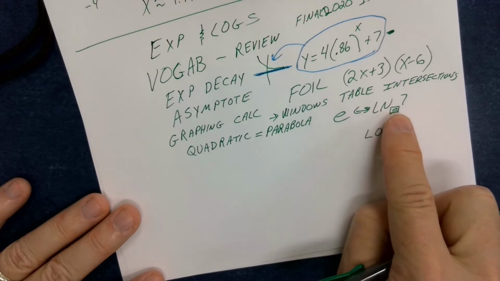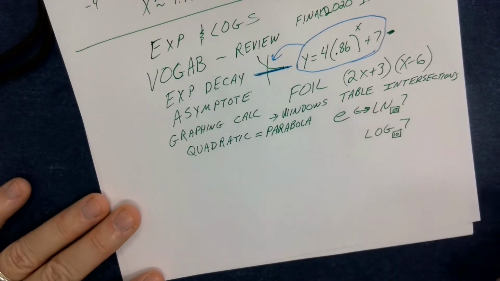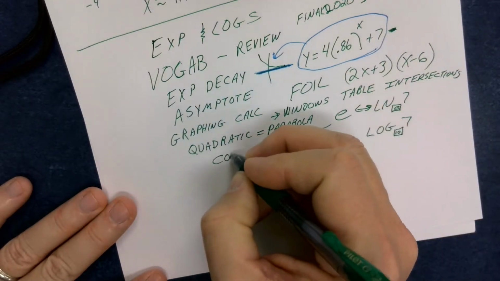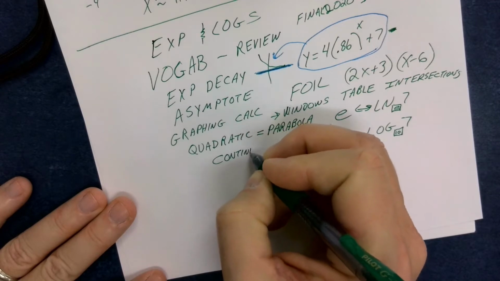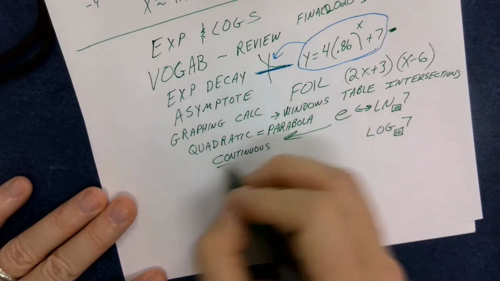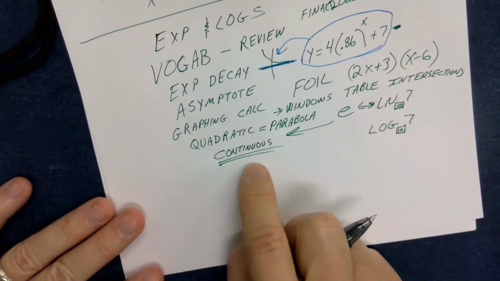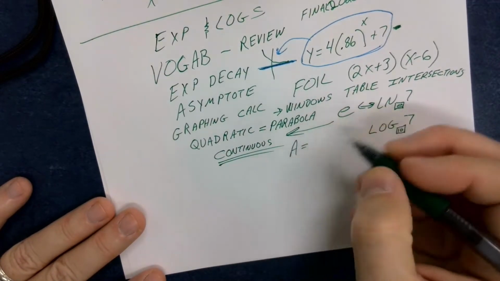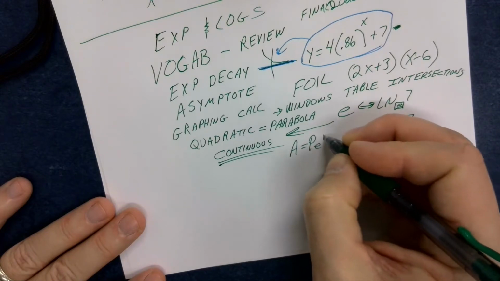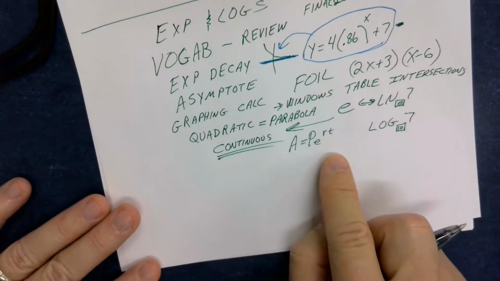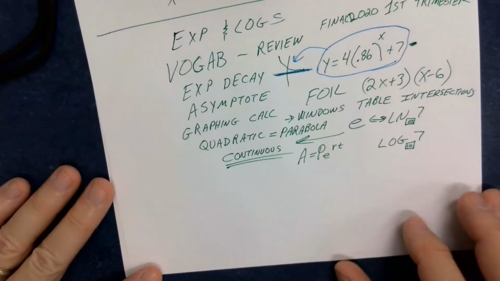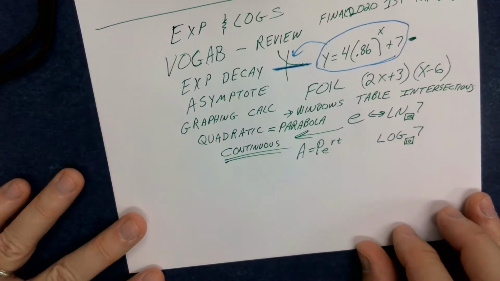A natural log with no base written is always going to be e. Cool. We know that e represents continuous change. So if we ever see that word continuous, we know that in this class we really had only one equation, and that was A equals P e to the rt. We typically would do a few more things with that, but that's where we are.